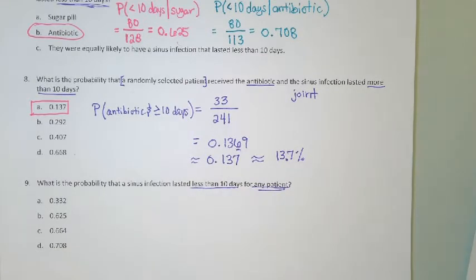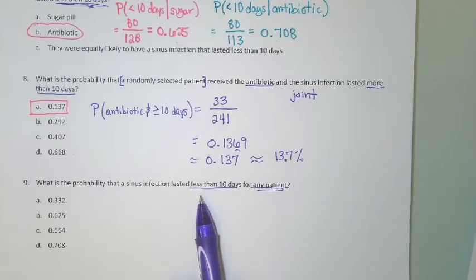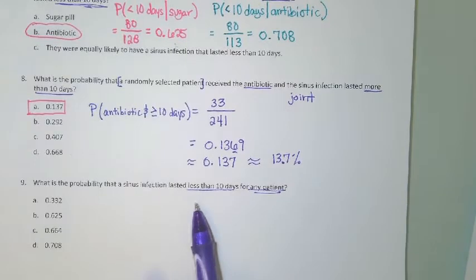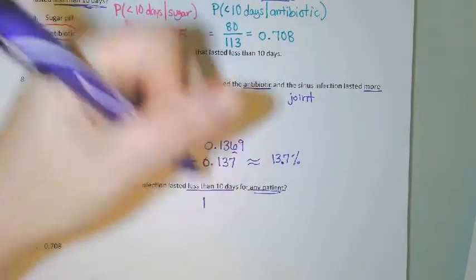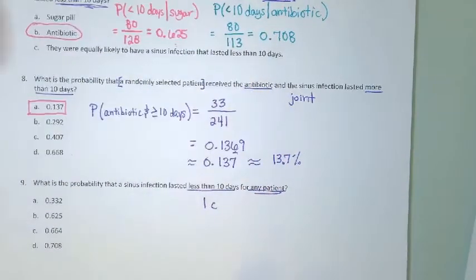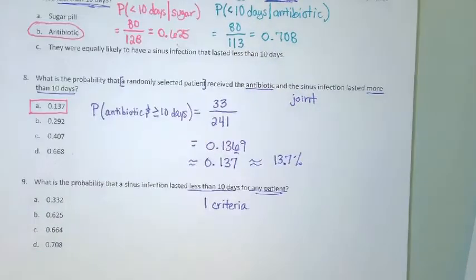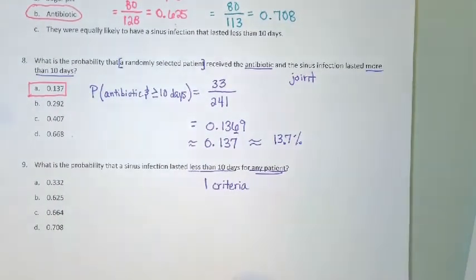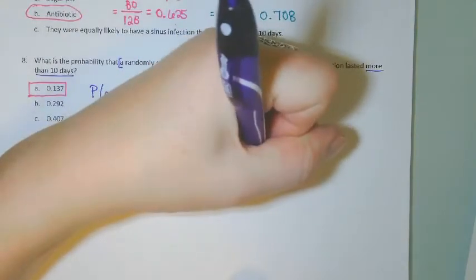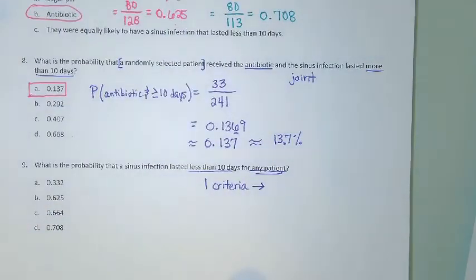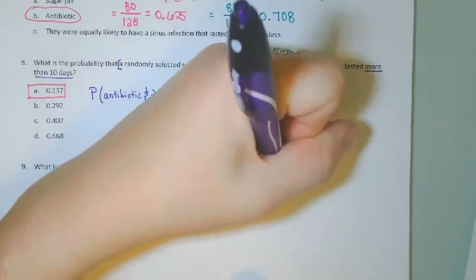So we're looking at all patients, and in this case we only have one criteria we're trying to meet. We're just looking at the criteria of those who had a sinus infection lasting less than 10 days. So far we haven't had an example question like this where we were just looking at one criteria. So in this case where we just have one criteria we're trying to meet, that's what's called marginal probability.